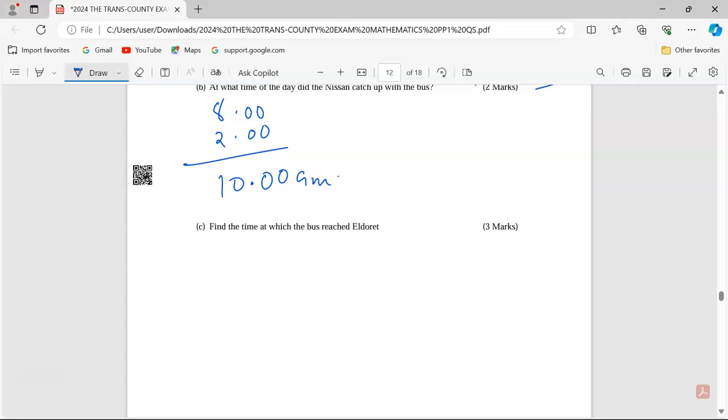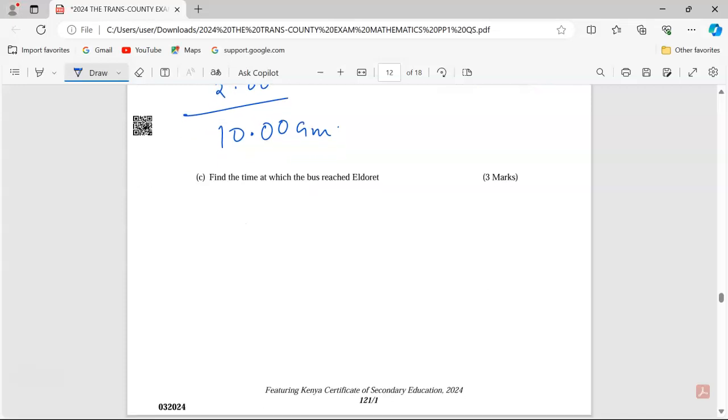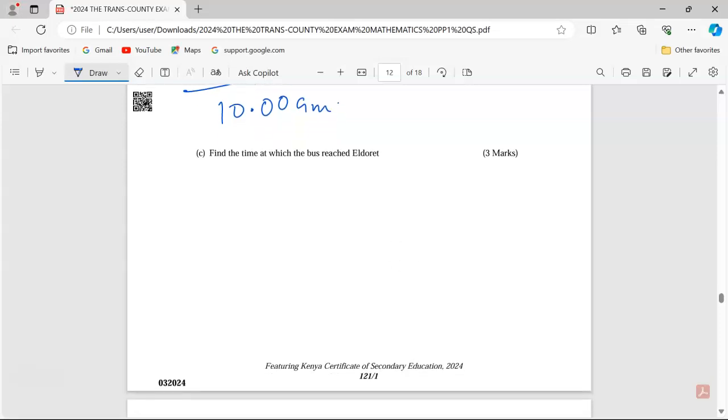Then finally, we are told to find the time at which the bus reached Eldoret. Remember, the bus has no puncture or any stop. This bus was express and it maintained an average speed of 100 kilometers per hour within a distance of 340 kilometers.